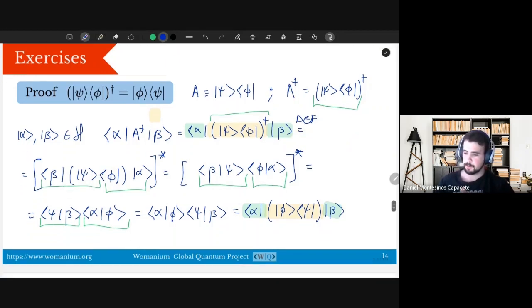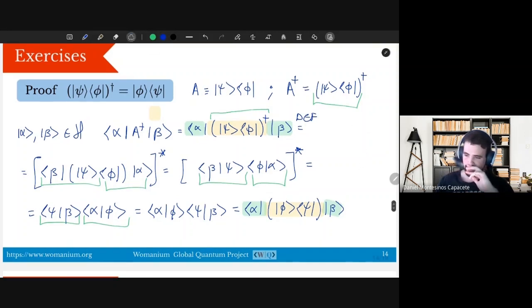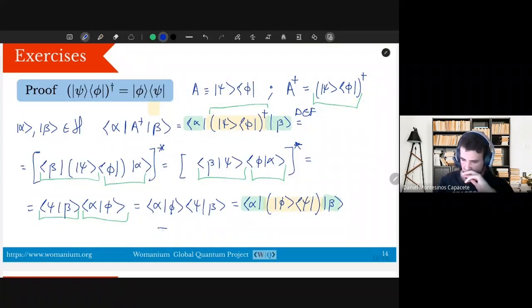I don't have a small space, so I will try to move this a little. So we have proof that this is equal to this.